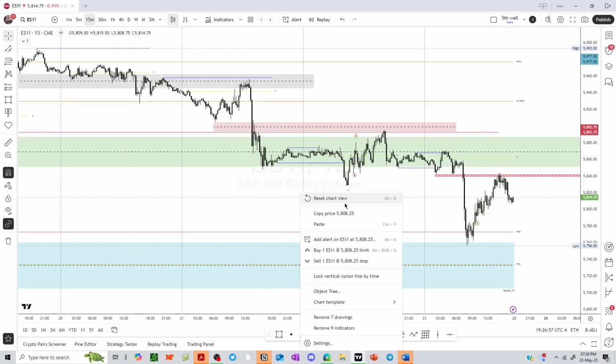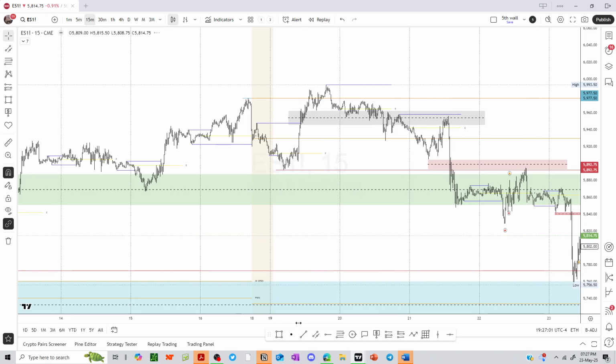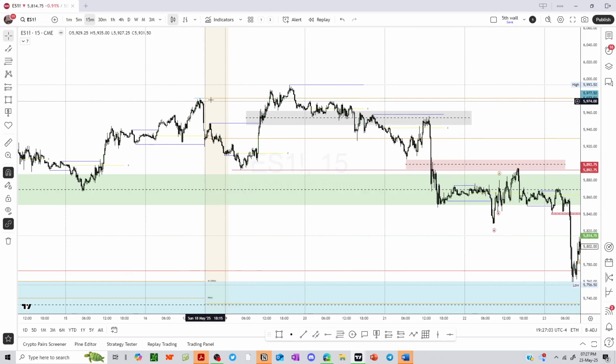Anyway, 15-minute, and we look for opportunities here based on the levels we have. We have our break in market structure, the previous week's high. Ran the intraday high. Yep. Dropped again. So we have a lot of opportunities here.